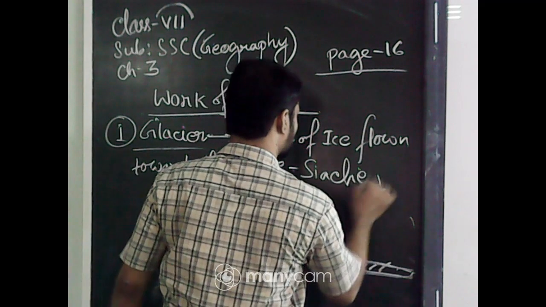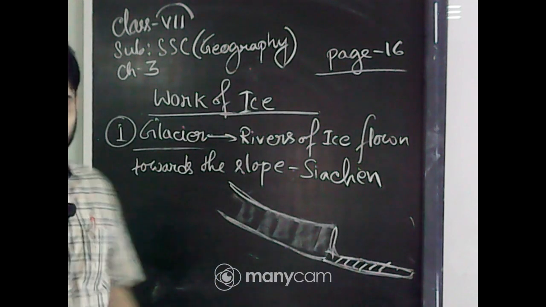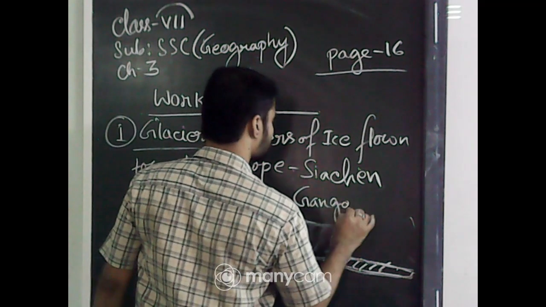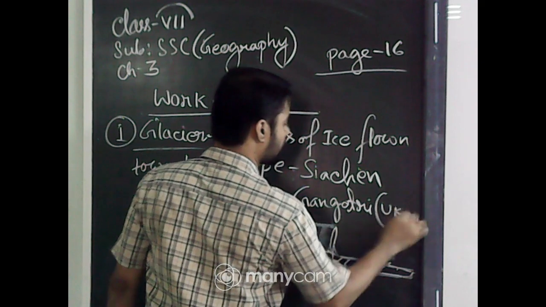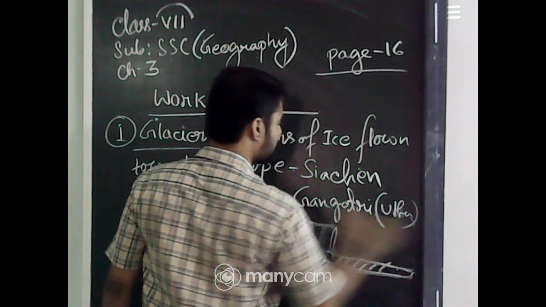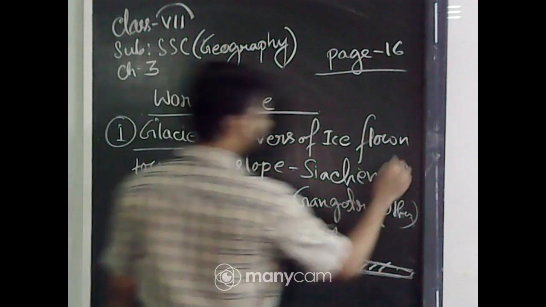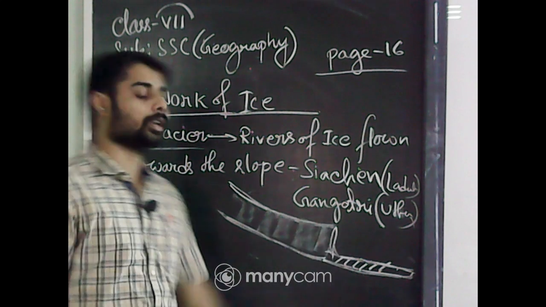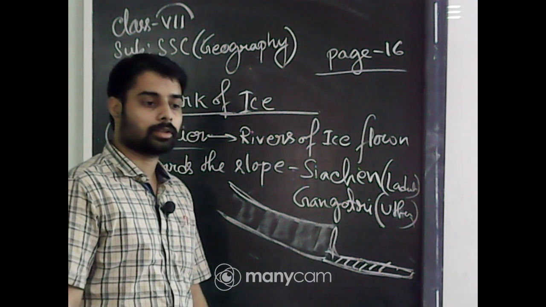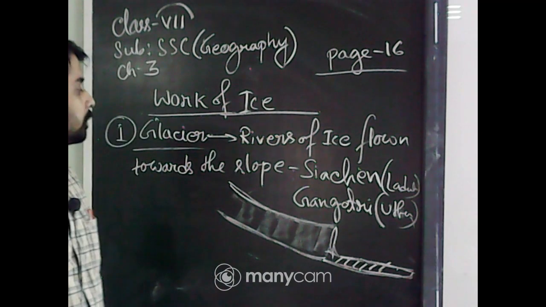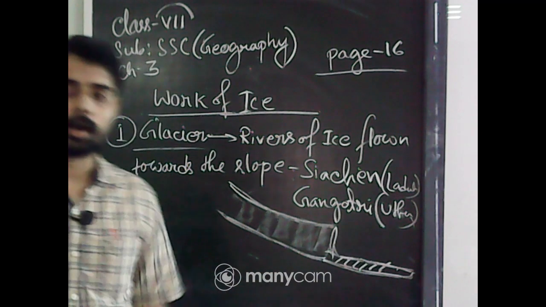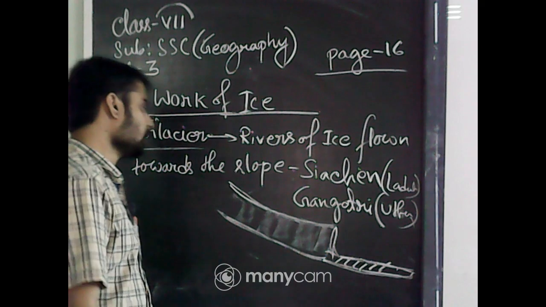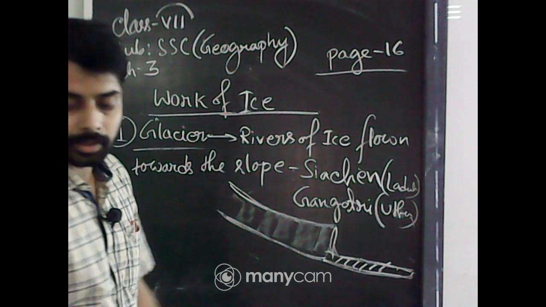Another glacier is Gangotri, in Uttarakhand, from where the Ganga river starts flowing. Siachen is in Ladakh and Gangotri in Uttarakhand, and there are hundreds of glaciers in the Himalaya and other mountain ranges. So, these are glaciers. Now, we discuss what glacial lakes are.